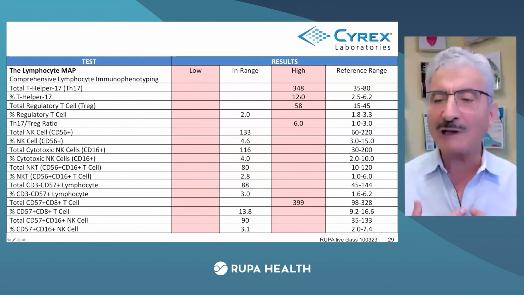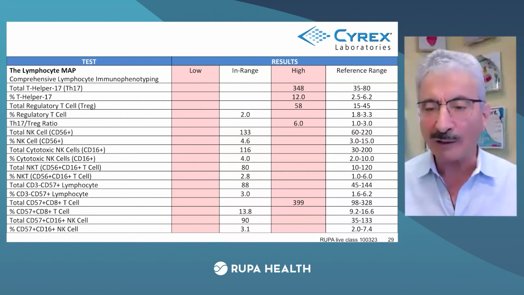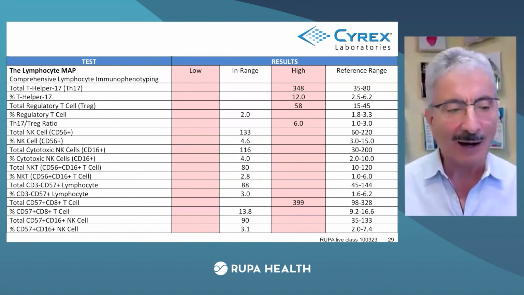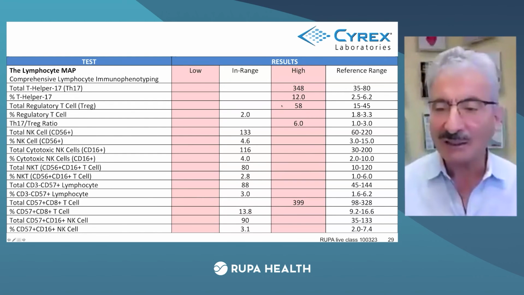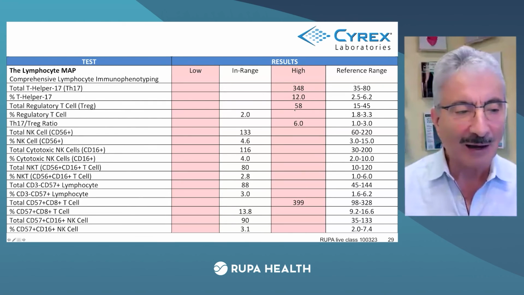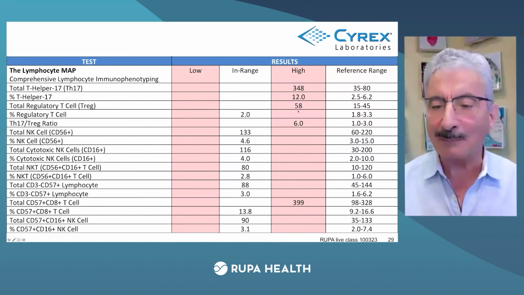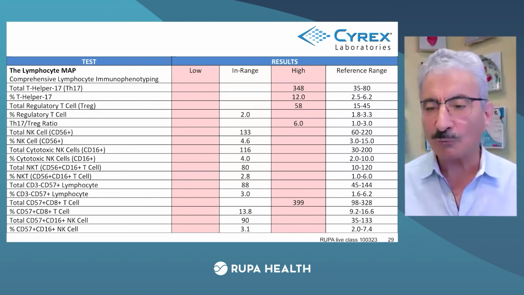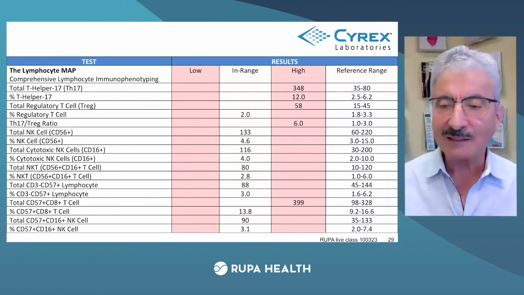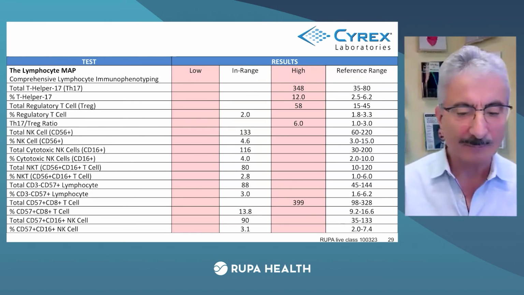So both autoreactive lymphocytes, Th1 and Th17, are highly elevated, and Treg cells are trying to fight against that, and their numbers are increased significantly in order to keep the balance between Th1, Th17, and regulatory T cells.